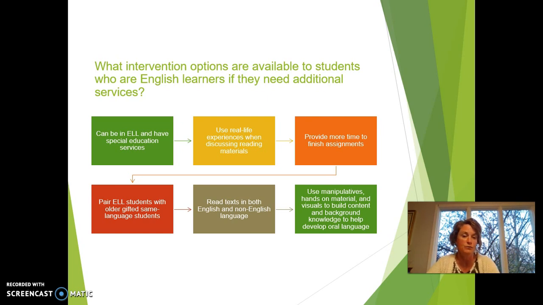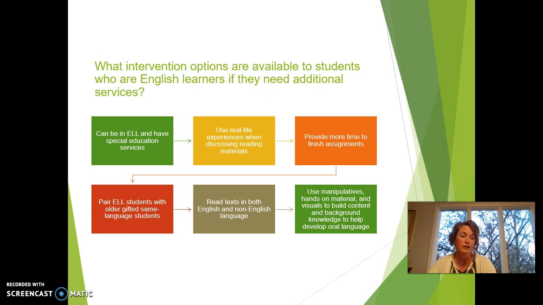Another option is to read texts in both the English and non-English language. As they're reading both, it helps them see exactly what the concept or material is trying to get across, because they understand it in their language, but then they also read it in English.